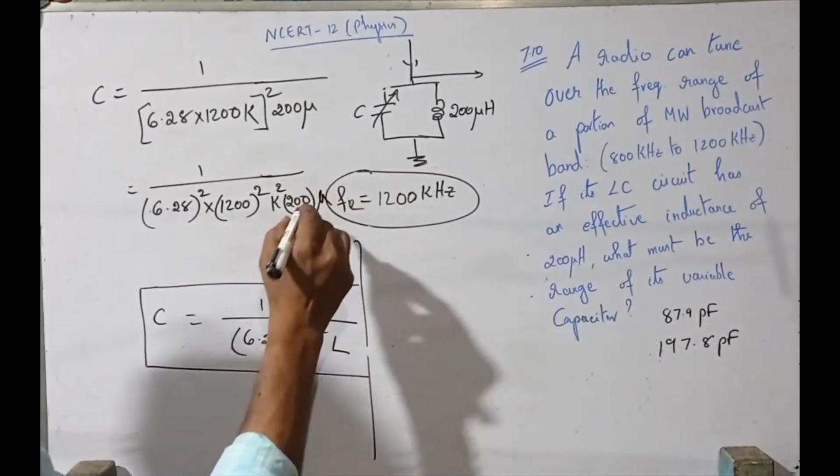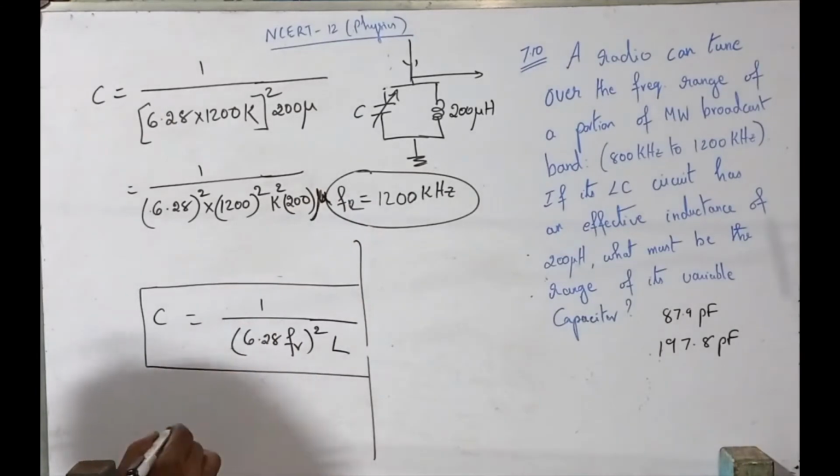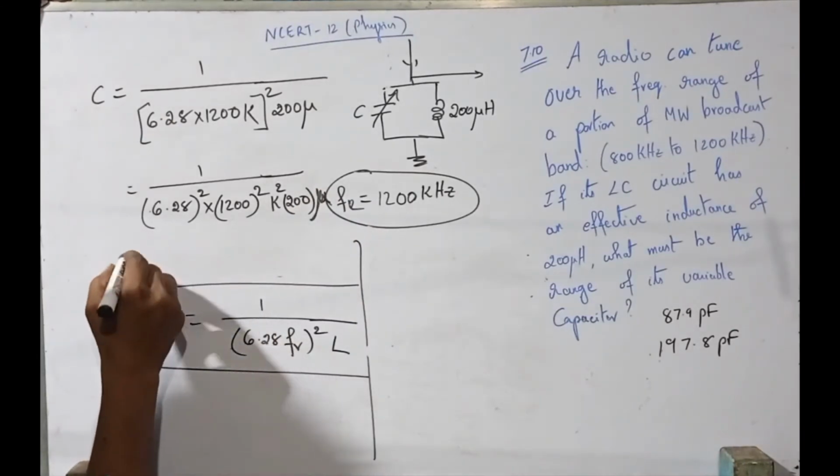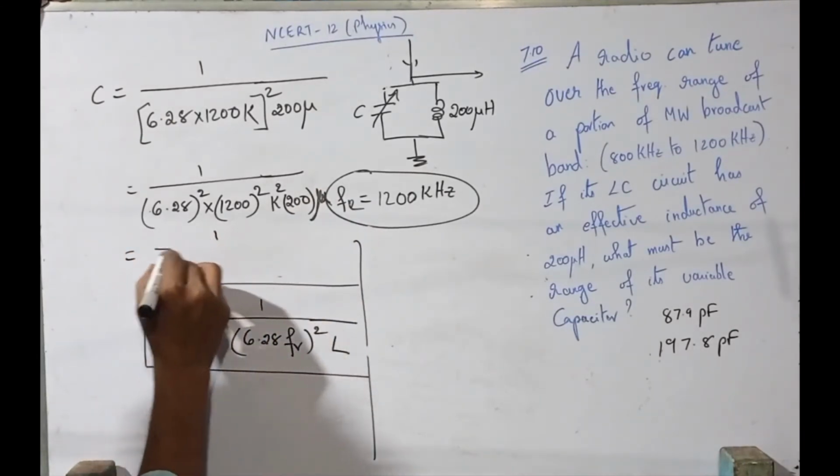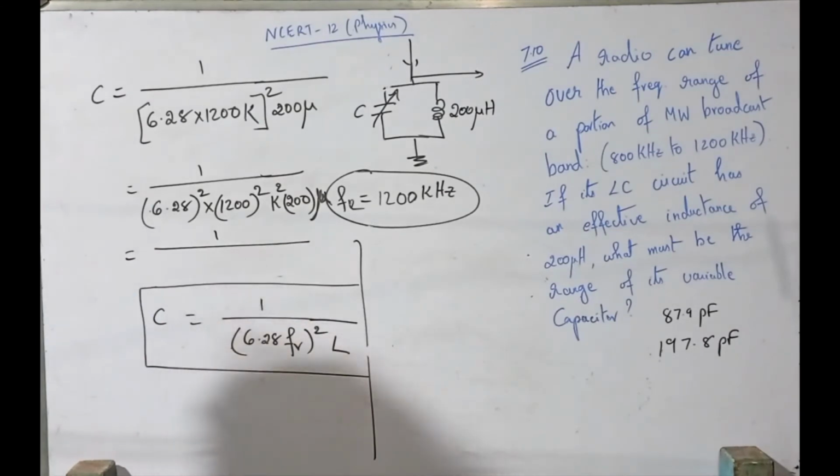Okay, now this is equal to 1 divided by 6.28 square. 6.28 square is 39.438.